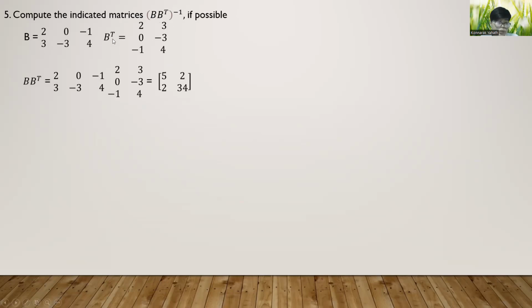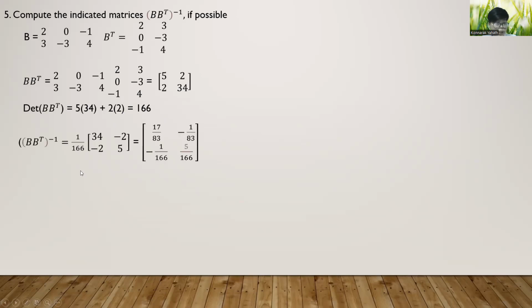So when B times the transpose of matrix B, here we can see this result. And to find inverse of this matrix, first we have to find the determinant of this B times BT matrix. So the determinant is 5 times 44 plus 2 times 2. It equal to 216. So the inverse of the matrix B times BT must be 1 over 216 multiplied by this matrix. And the final answer is here.